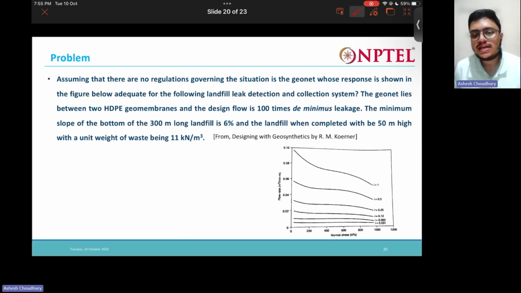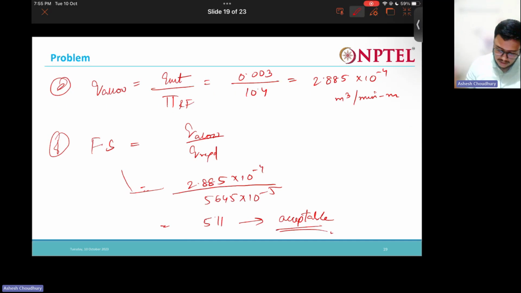So de minimis leakage is nothing but the minimum allowable leakage that might occur through a landfill liner into the surrounding soil. So see, it is very little.